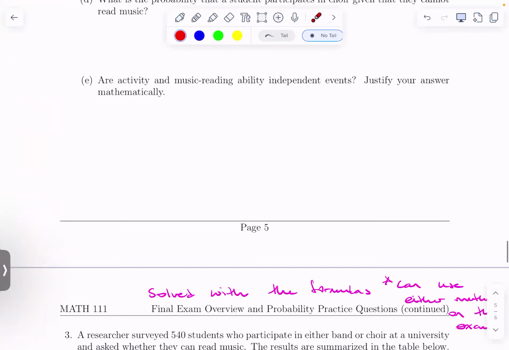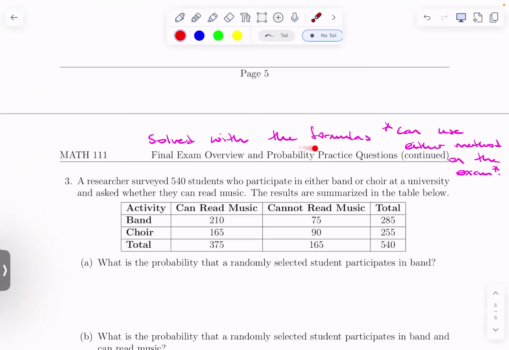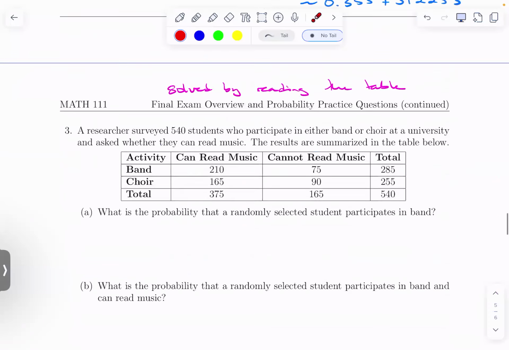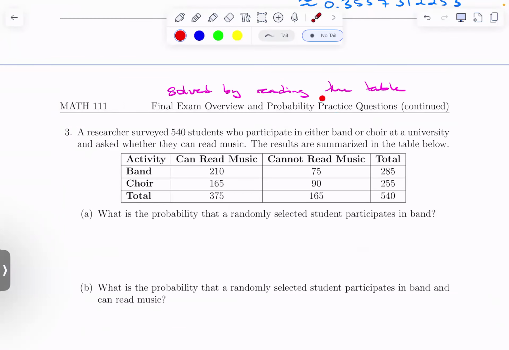Before I post the notes for tonight, I'll solve it with the formulas so that you can see both of them. You can use either method on the exam, just pick whichever one you like. I suspect that you'll like just reading the table the best. But you can do it by using the formulas, but it's a little bit harder and more tedious.